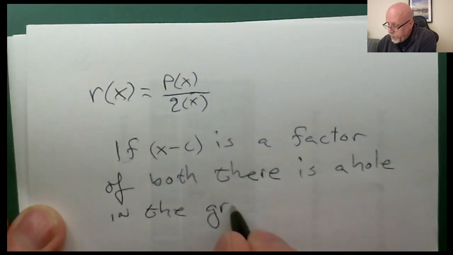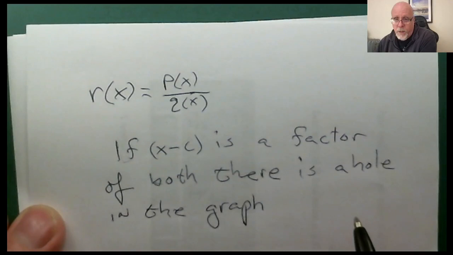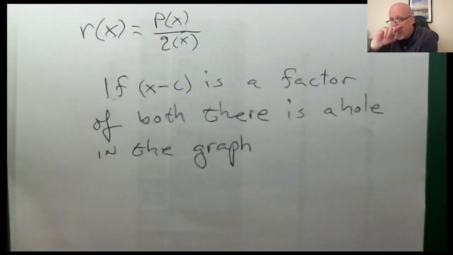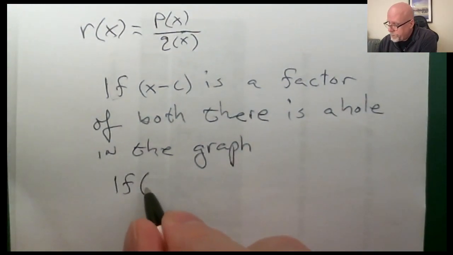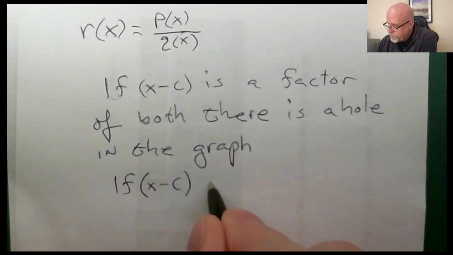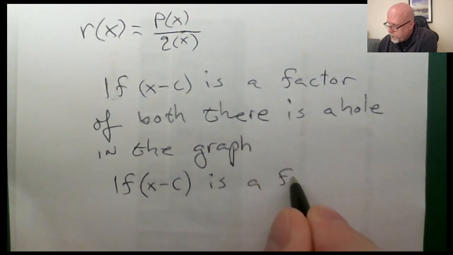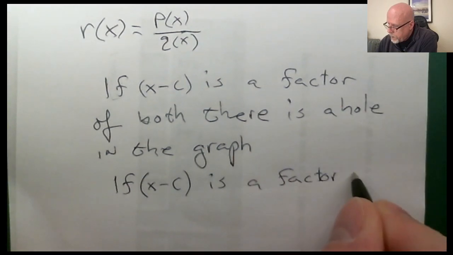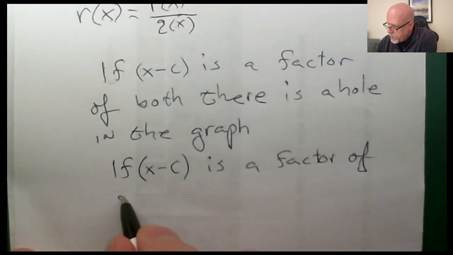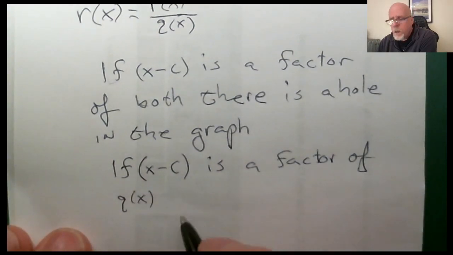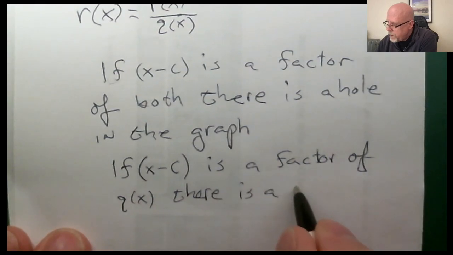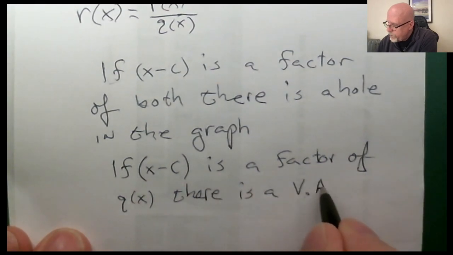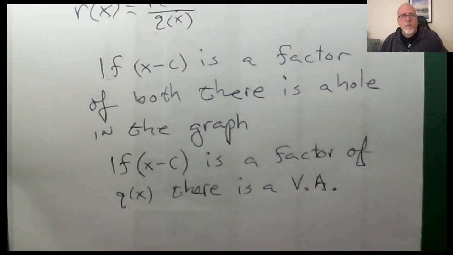If, on the other hand, they don't share a common factor, and x minus c is a factor just of the q, but not of p, then you're going to get a vertical asymptote. We'll just get lazy and abbreviate that VA for vertical asymptote.